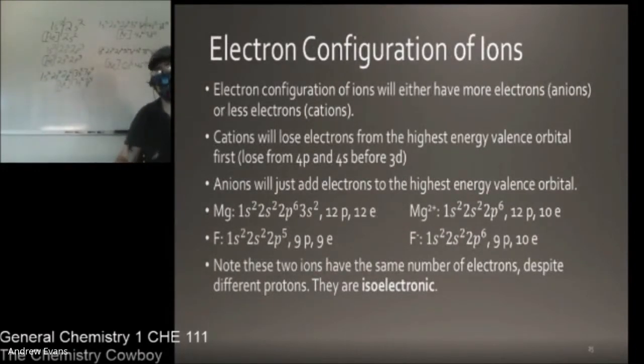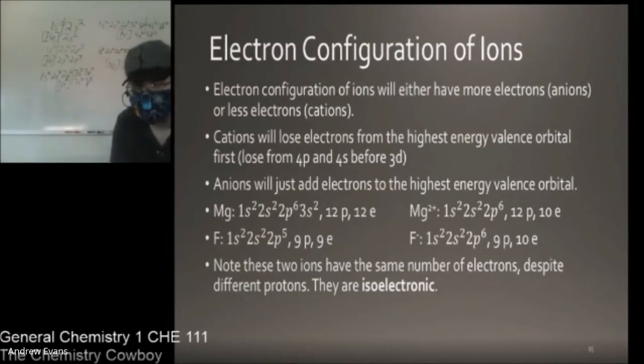So all these electron configurations have been on a neutral metal or neutral element of some kind. How do we deal with ions? We are going to add electrons or subtract electrons from these electron configurations.